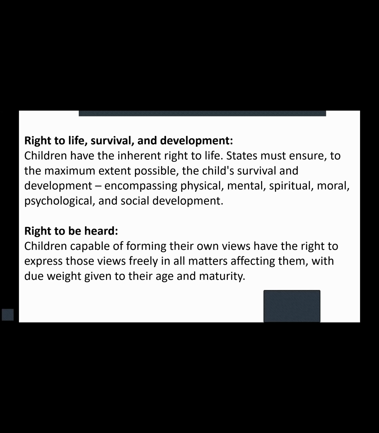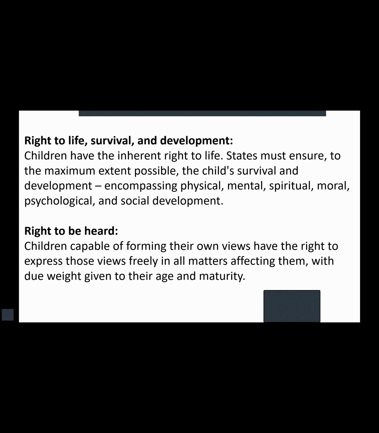And the next one, right to be heard. Okay, so the simple idea here is actually children should be listened to. We should hear, we should listen to children. Children capable of forming their own views have the right to express those views freely in all matters affecting them, with due weight given to their age and maturity.